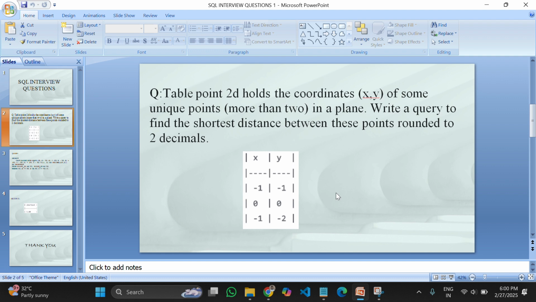The min function picks 1.00 as the shortest distance, and cast ensures it is displayed as 1.00 rather than just 1.